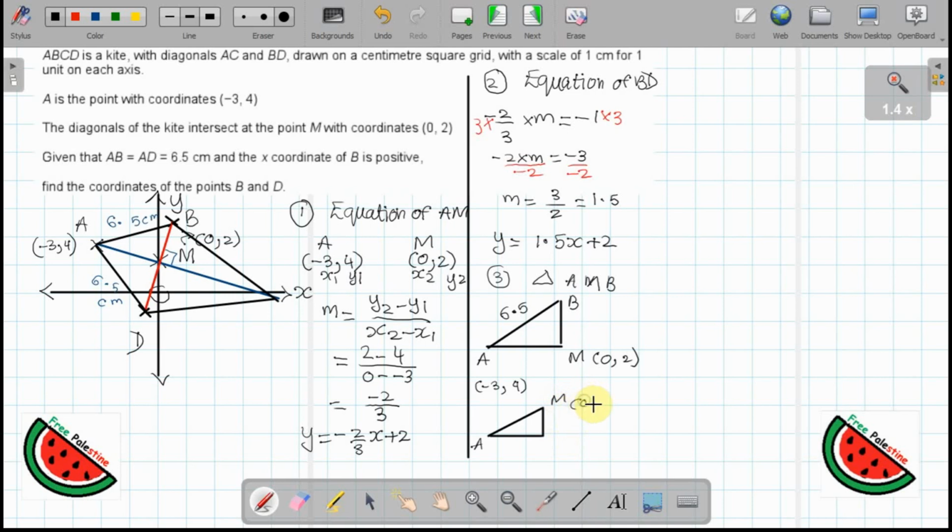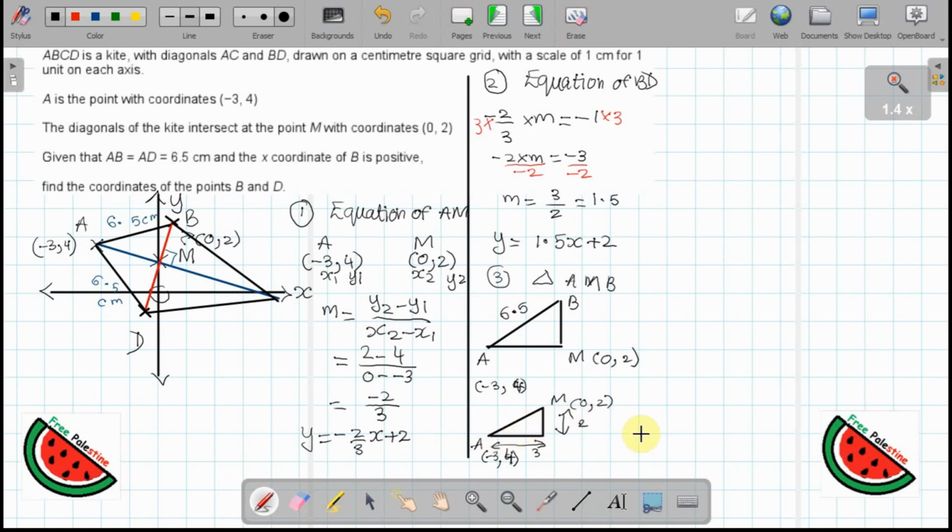This is 0, 2, and this is minus 3, 4. The gap over here is going to be 3, because it's 0 minus minus 3. And this gap here should be 2. It's not to scale.